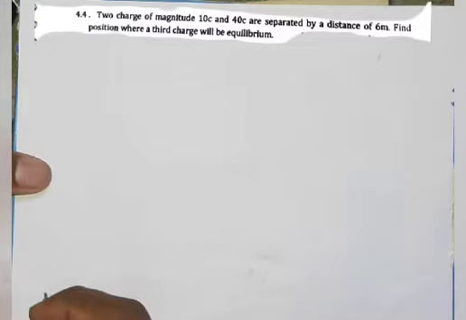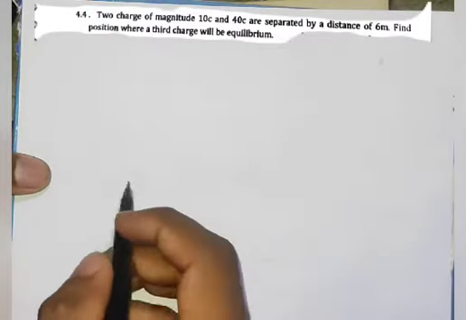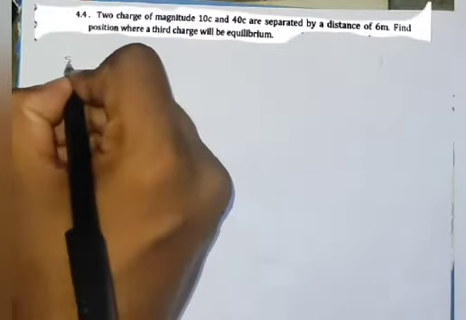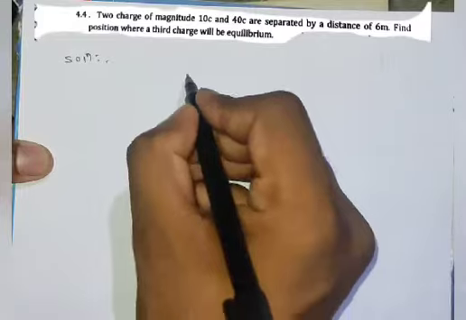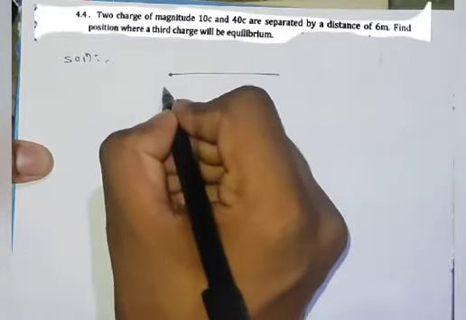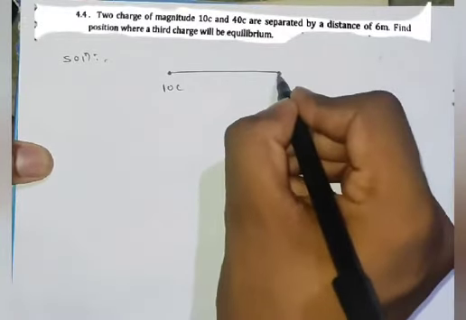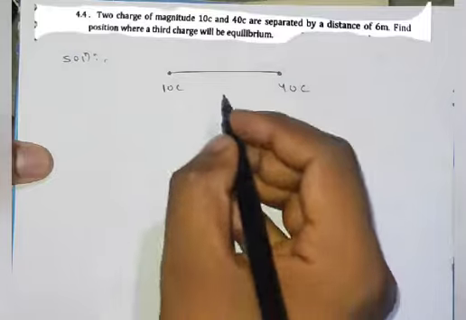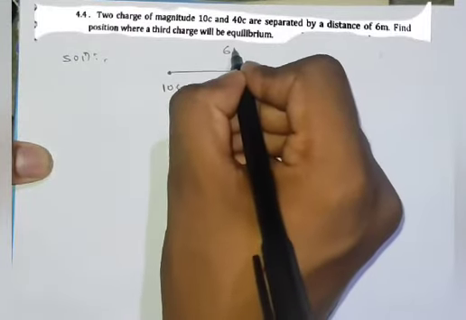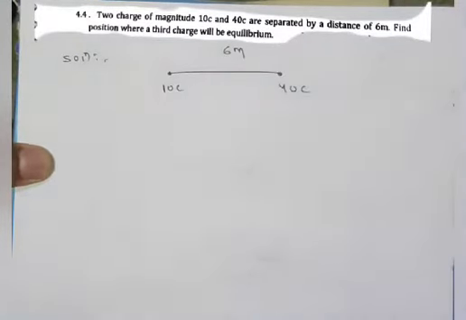So this question is very similar to the previous one. Solution: in the question there are two charges, one is 10 coulomb and another is 40 coulomb, which are separated by a distance of 6 meter.